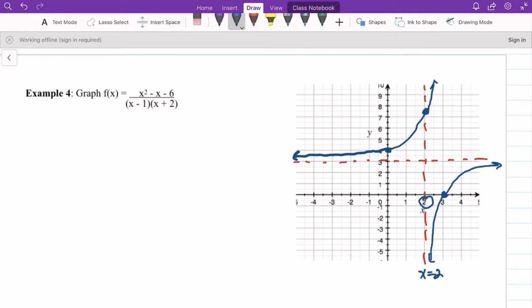function could equal that. But what could happen, if I go the other way now, if I just recreated this graph, if we did it the right way and approached the vertical asymptote, so what could happen if we went this way? The graphs could go through the horizontal asymptote, and it would be fine to do that.